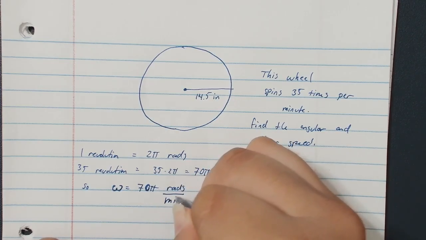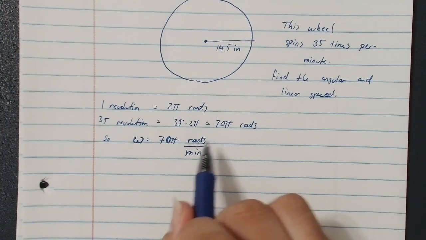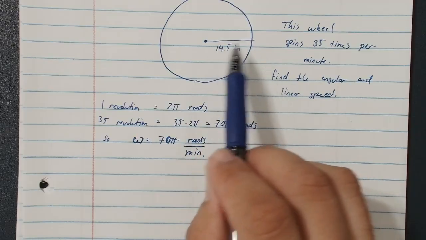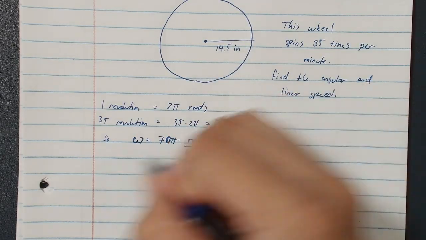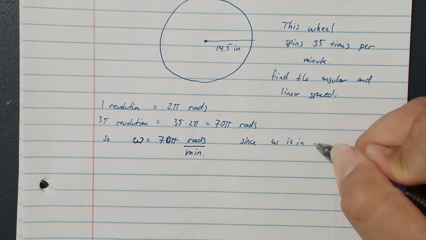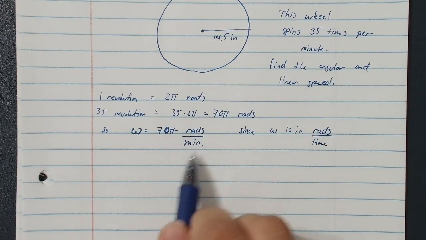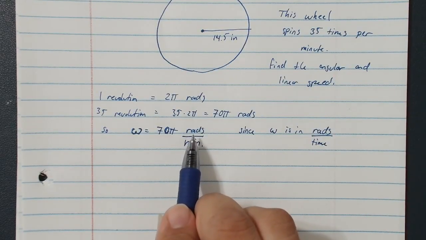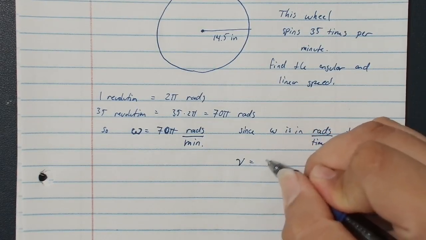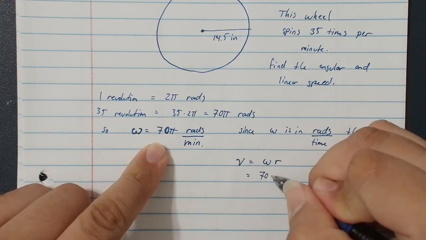But we can find linear speed because since our angular speed is in radians, we simply now need to multiply this by the radius of our circle to find our linear speed. Since omega is in radians per time, so here this can be hours, minutes, seconds, doesn't matter, as long as the top part is radians, then our linear speed is equal to omega times r, which we know omega is 70 pi.